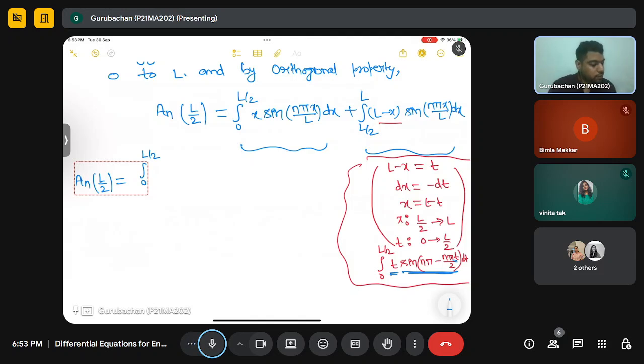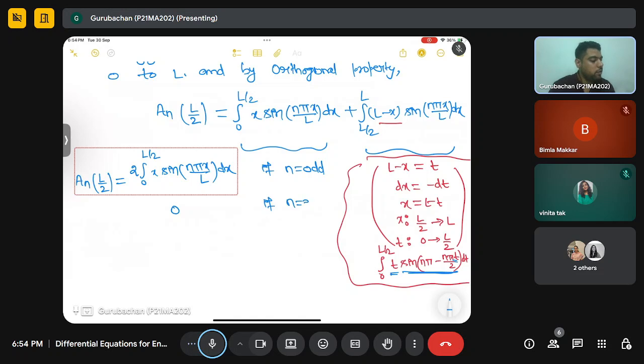So that means this integral of x sine n pi x by l dx will become 2 times if n is odd, and this will become 0 if n is even. I am claiming this. Why?